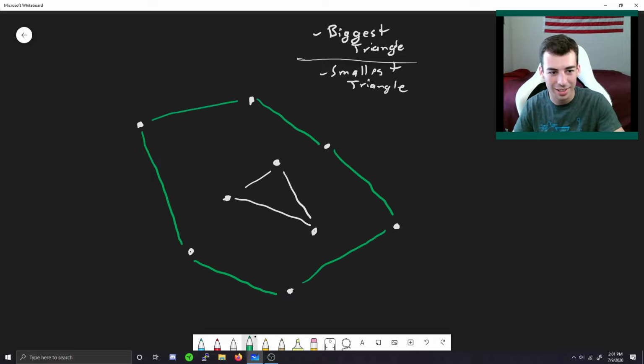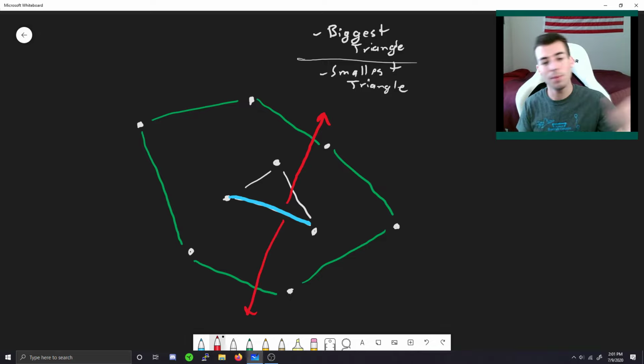So if we have this convex hull, what we know is if we fix some base of the triangle, maybe this is the base that we've fixed, the area of the triangle is only determined by how far the other point is in this direction or in this direction. It doesn't matter how far left and right it is, right? Because the area of a triangle is base times height over 2.